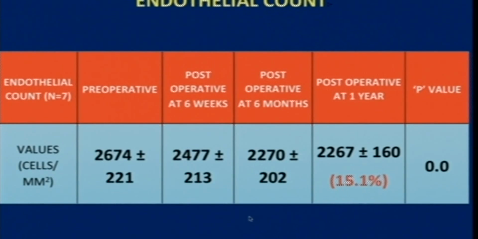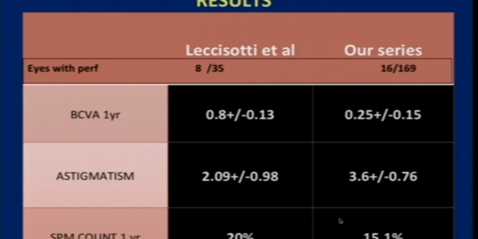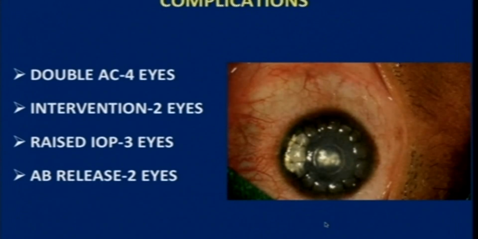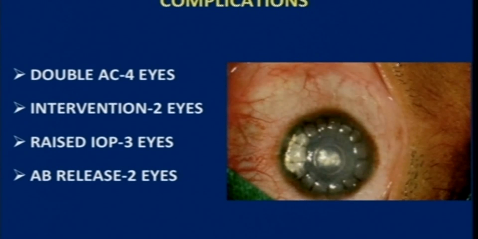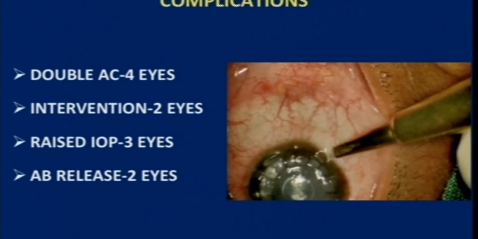It was almost 8% in the first 6 weeks, and it went to 15% at the end of 1 year. We compared this with the published literature by Anshu et al., published way back in 2007, and the results were comparable. We had complications, and intervention was needed in 2 eyes, and air bubble release was needed in 2 eyes.